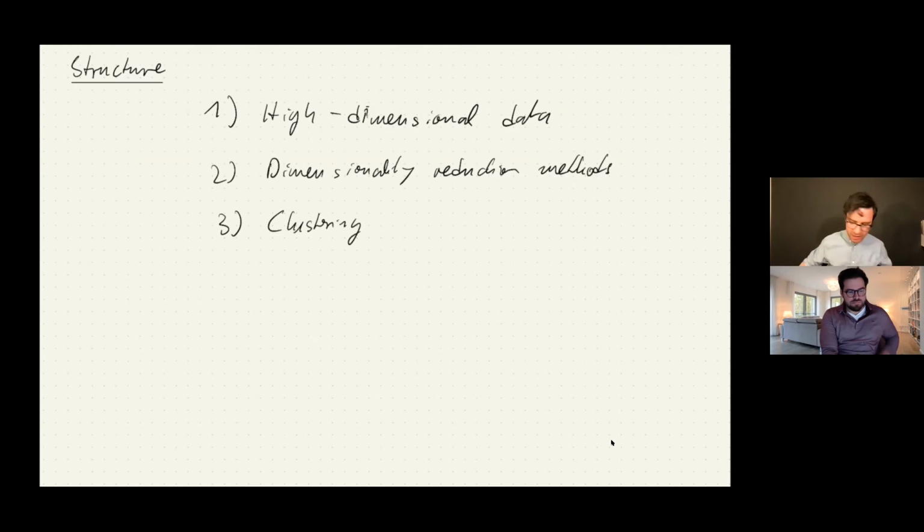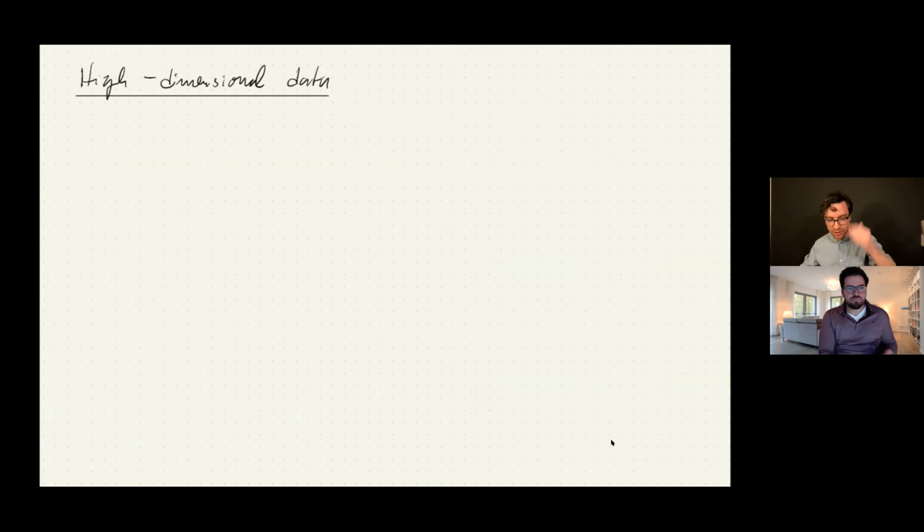So what do I mean by high-dimensional data? Let's start with an object that I call a data matrix X, which is of shape n by m.